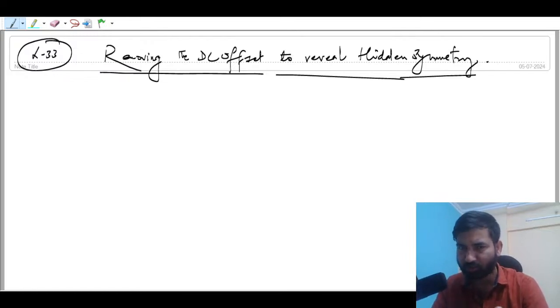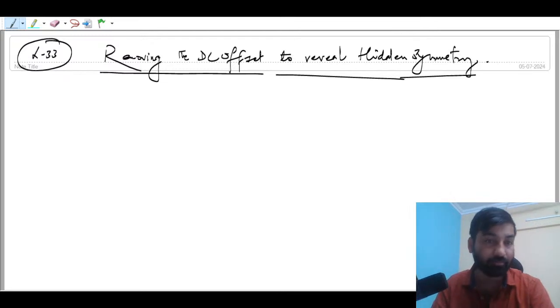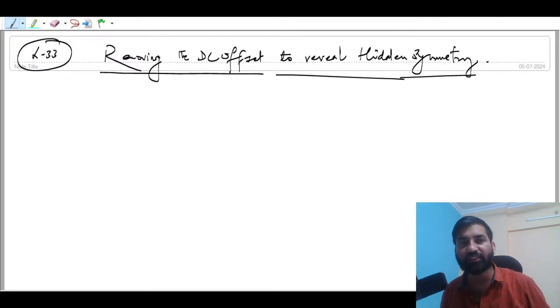But if you remove the DC offset, meaning you subtract the DC from the given signal, you will be able to find out whether there is even symmetry, odd symmetry, half-wave symmetry, and so on.